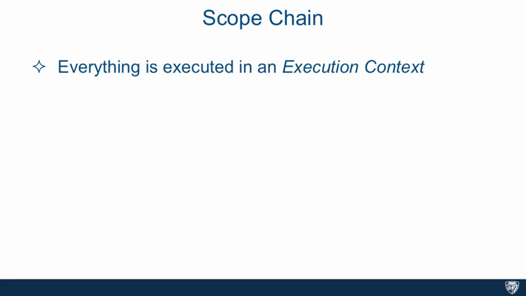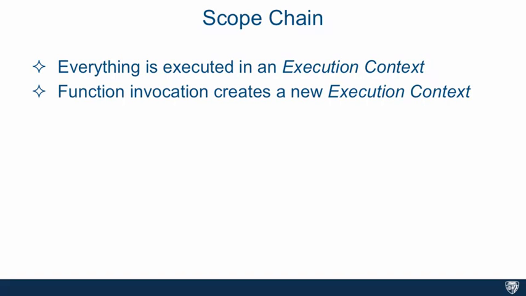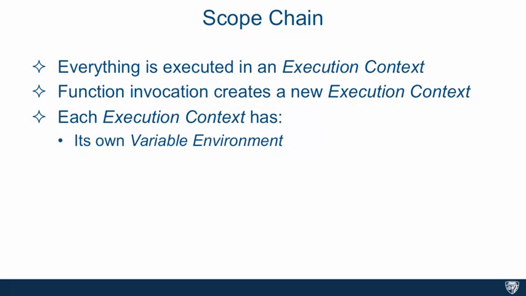Now, in order to understand how scope chain works in JavaScript, you have to understand how JavaScript engine executes things. Everything in JavaScript is executed in an execution context. Now, a function invocation creates a new execution context within which that function is executed. Now, each execution context has the following. Number one, it has its own variable environment.